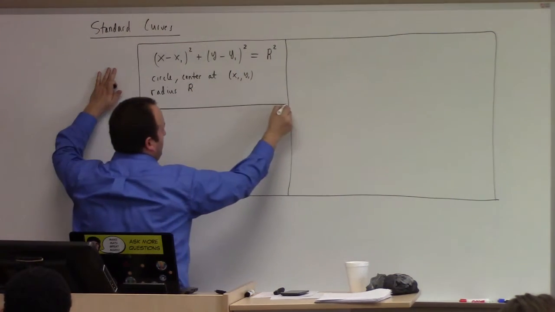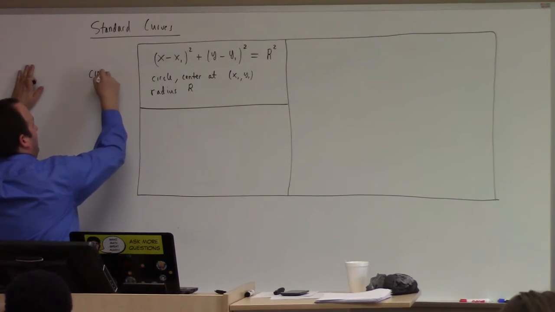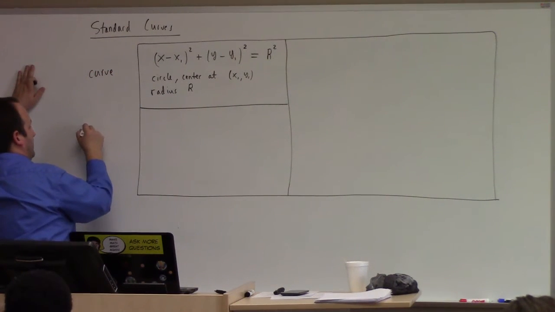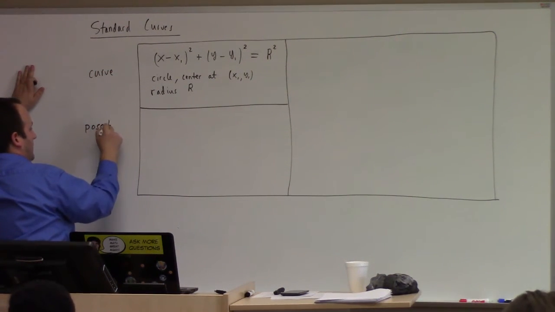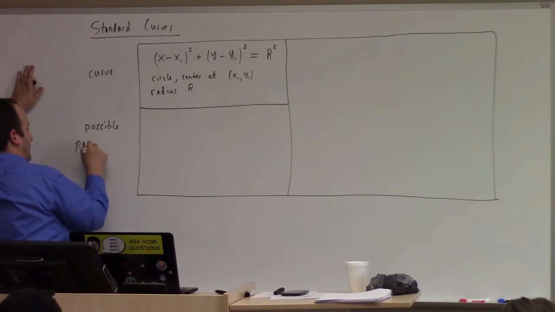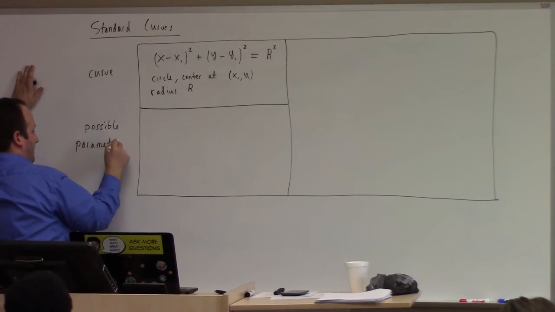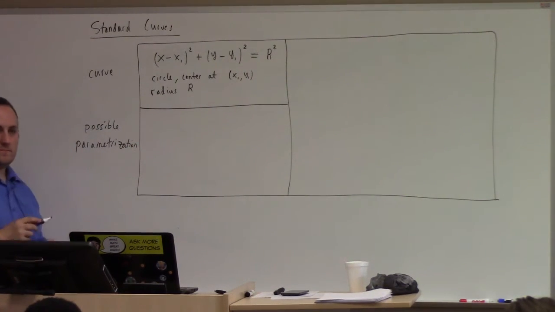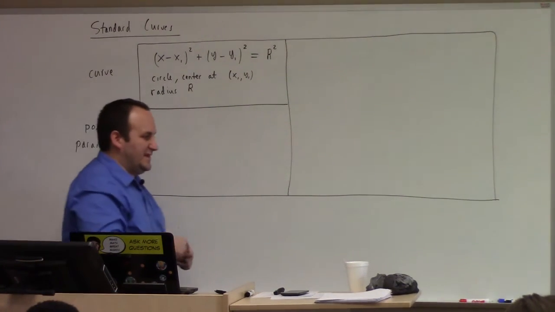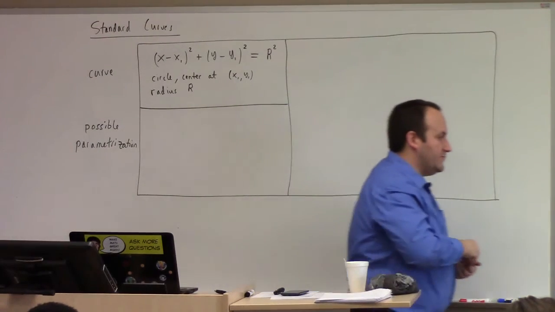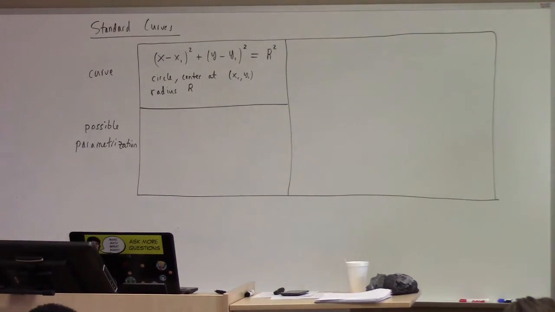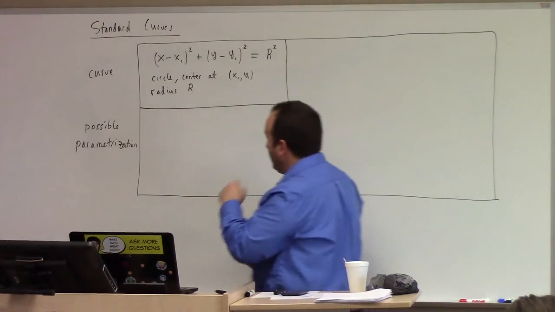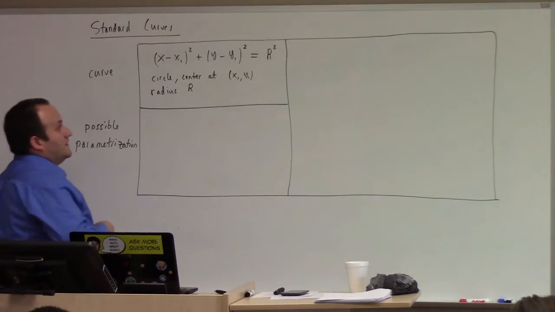So here's the curve, and here's a possible parameterization. I'm going to write the scalar parameterizations here. I think I've done enough with vector parameterizations for the moment. Let me focus more on the scalar terminology, since that's more where your book is.